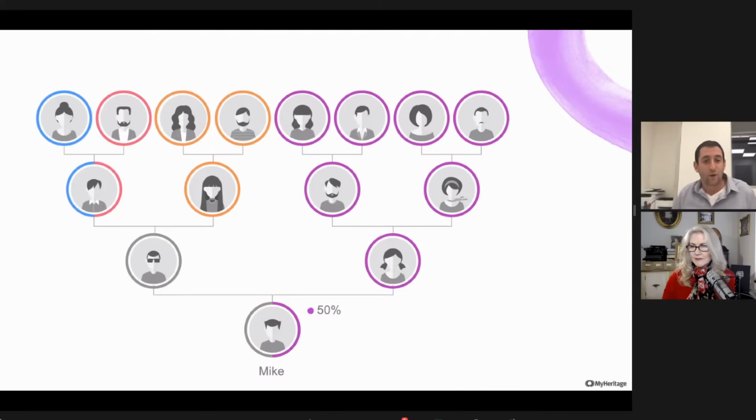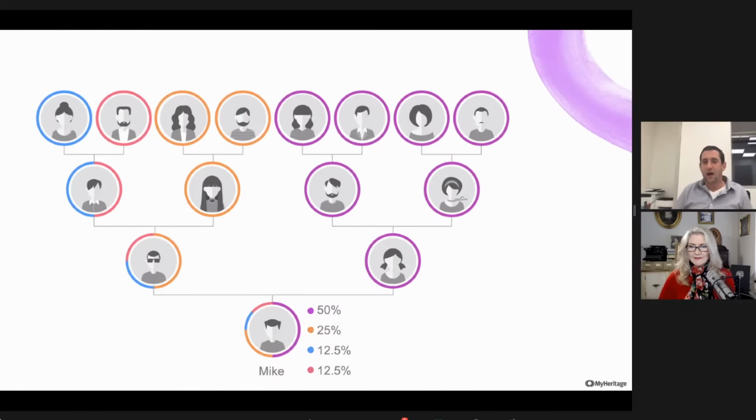But when we're looking at the grandfather, we see that he's mixed now. He's 50% blue and 50% red. And when we're looking at his father, it's narrowing down, it's broken down even more. His father is 25% red, 25% blue, and 50% orange, which means Mike ends up being 50% purple, 25% orange, 12.5% blue and 12.5% red.